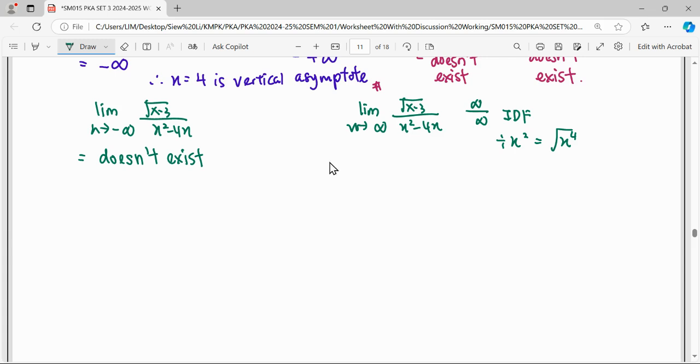So, bila kita bahagi gitu, bermaksud dalam bumbung, kita bahagi X kuasa 4. Baru setara. Kat luar kita bahagi X square. X square adalah sama dengan square root X kuasa 4.